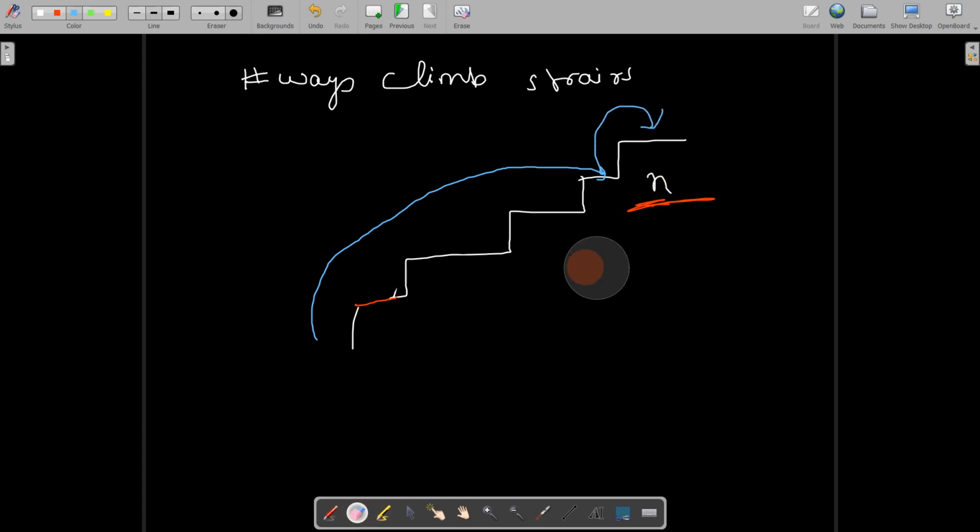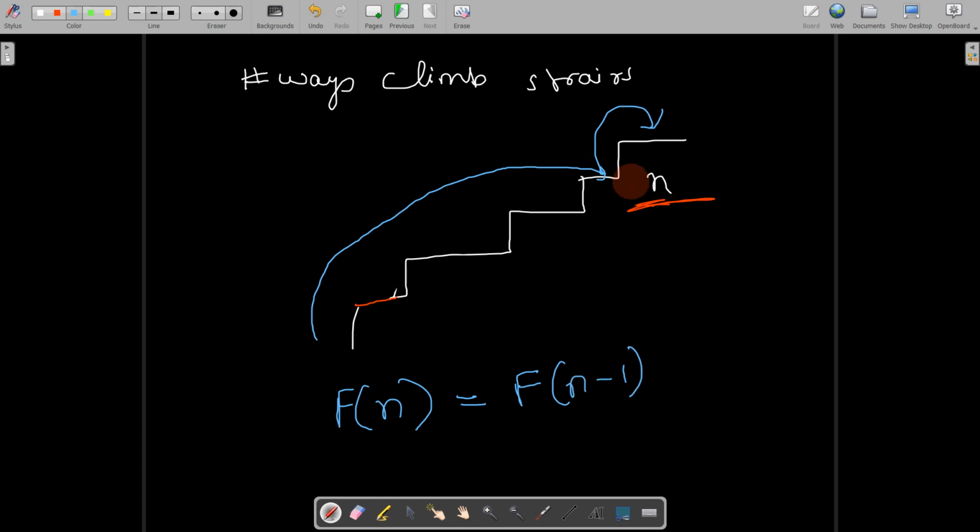So this big problem of climbing n stairs can be solved if you know how to reach the n minus 1th stair and then take one step. So the number of ways to climb n stairs is equal to the number of ways you can climb n minus 1 stairs times one step, plus any other way.